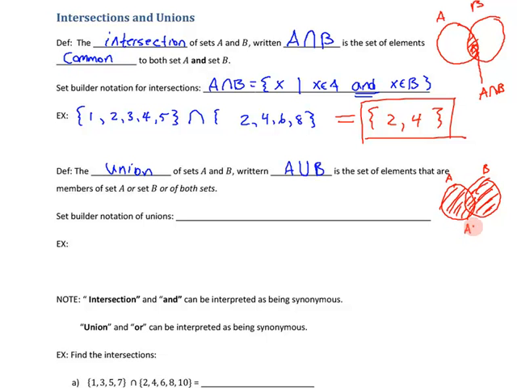Okay, that's A union B. So in set builder notation, we'd write it like this. A union B is the set of all X such that X is in A or X is in B.